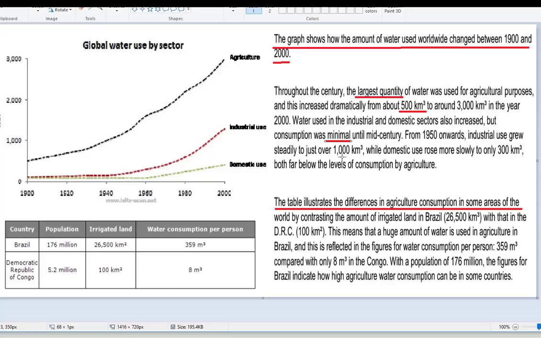Here we have 1,000, 300, and the writer says that both of these are far below the levels used for agriculture. Okay, then moving on to the table, we see 3 things that are mentioned.